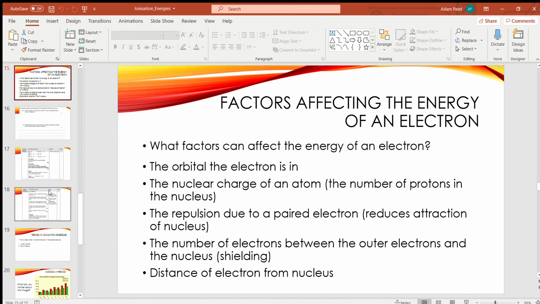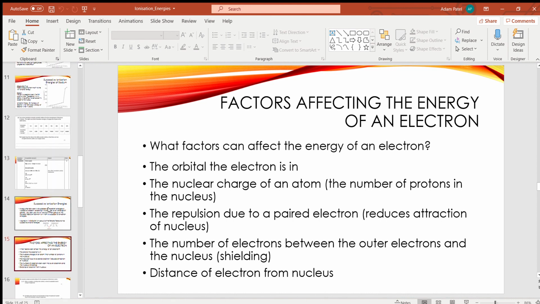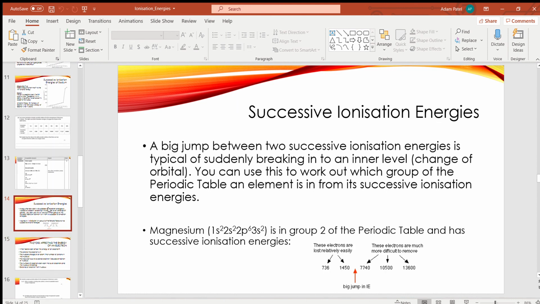Remember, our orbitals need to be singly filled first in order to minimize repulsion. The number of electrons between the outer electrons and the nucleus, shielding, and the distance of electrons from the nucleus, which is linked heavily to shielding. And then remember, for successive ionization energies, there's a big jump, usually where there's a change in shell or subshell.